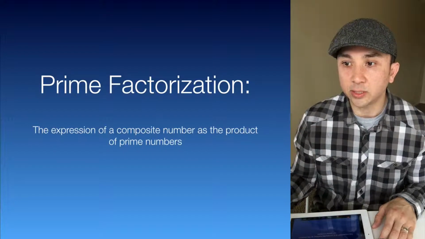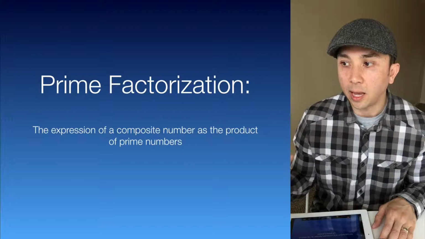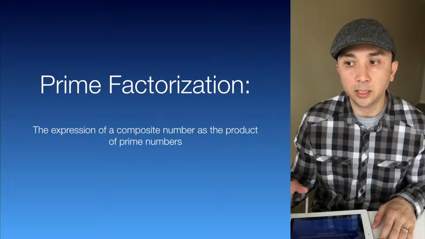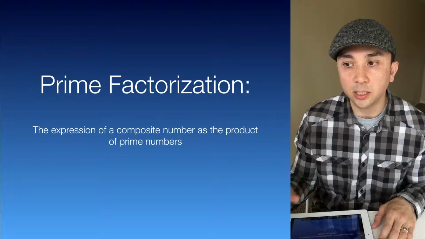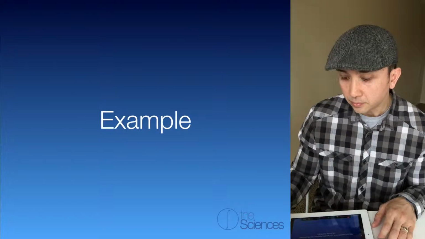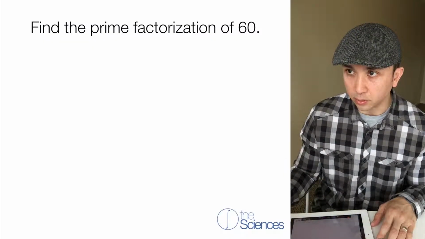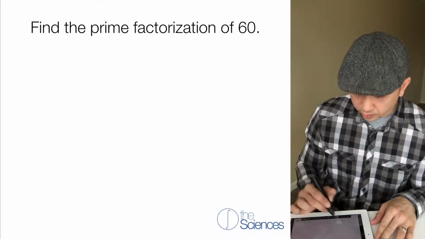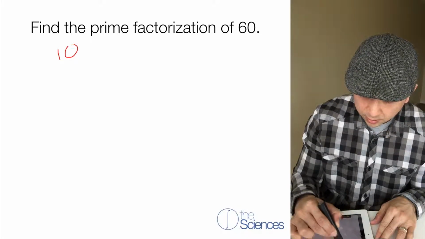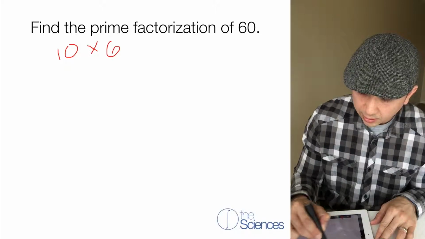Now, the prime factorization is the expression of a composite number as the product of prime numbers. It's breaking down a composite number into individual prime numbers. So let's go over an example. Let's find the prime factorization of 60. Well, we know 10 times 6 equals 60.